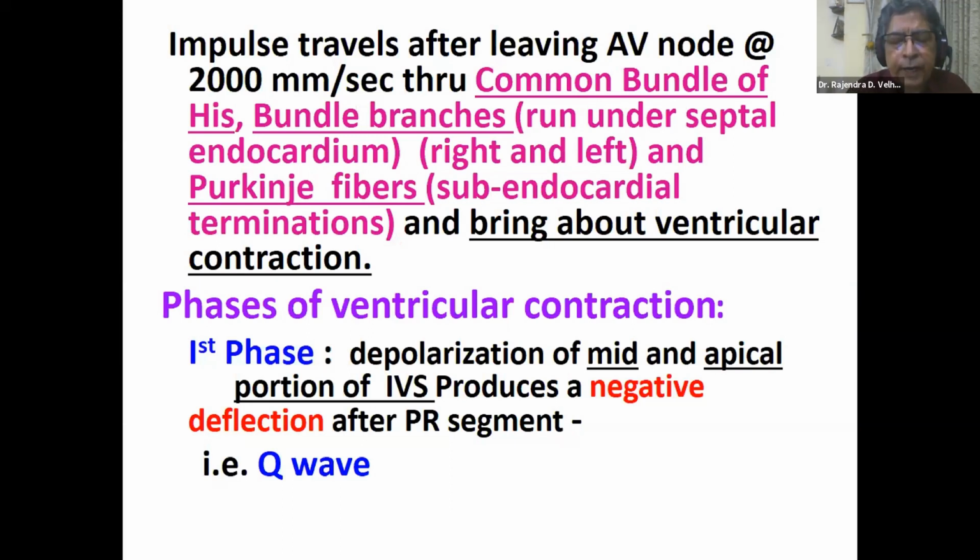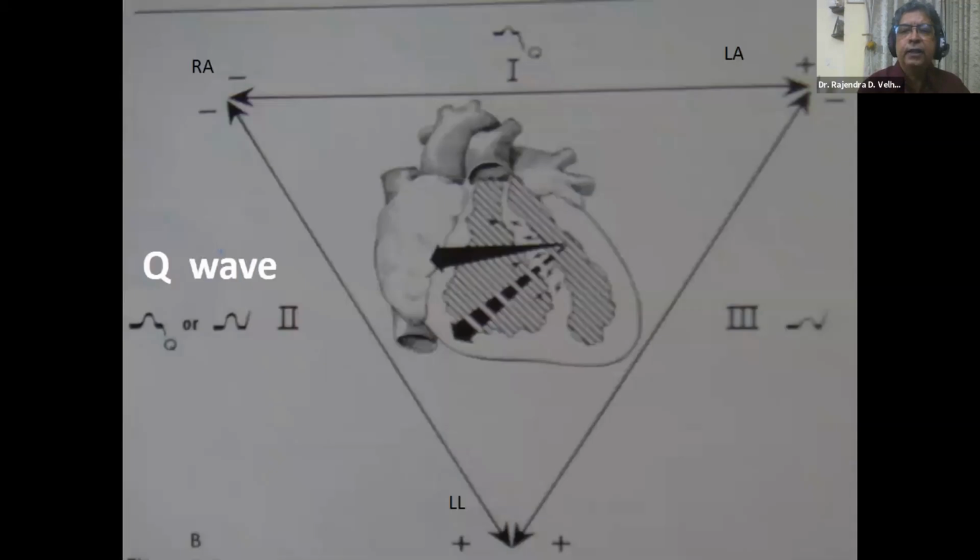Now, the ventricular depolarization takes place in 3 phases. During the first phase, there is depolarization of the mid and apical portion of the ventricular septum of both ventricles, and this brings about the first negative deflection.